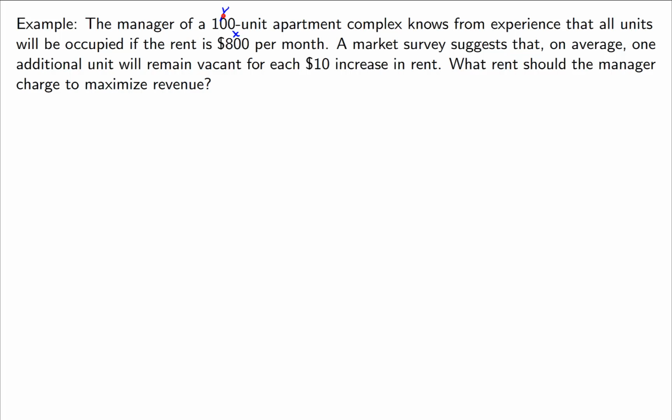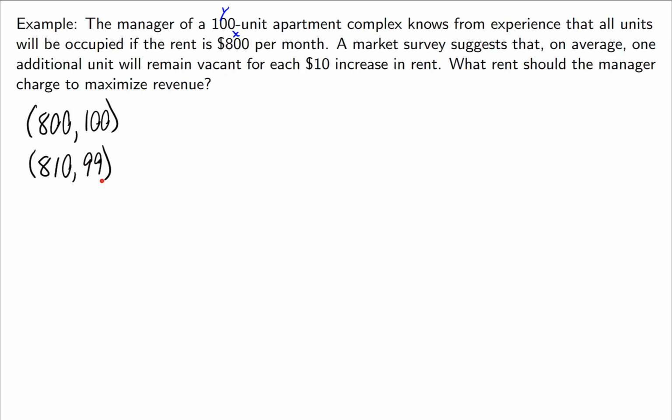So the y in this case is 100 for this particular example. $800 gives all 100 being filled. And now if the rent is increased by $10, one unit will remain vacant. You can probably get the slope out of this, but let's just increase the price by $10 and remove 1 from the number of units that will be filled.